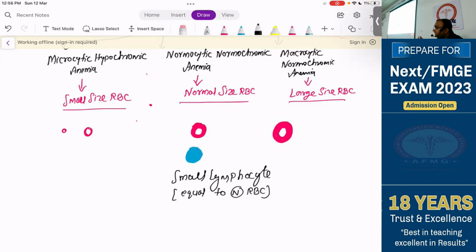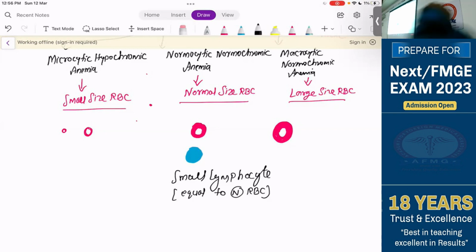Whenever in PBF, in peripheral blood film, a picture is given to you in your exam and they are asking what kind of RBCs are there, whether microcytic, macrocytic or normocytic, then you have to see first of all which cell? The lymphocyte. In that photograph, you have to search first of all for the small lymphocyte. Okay, and how will you appreciate the small lymphocyte?